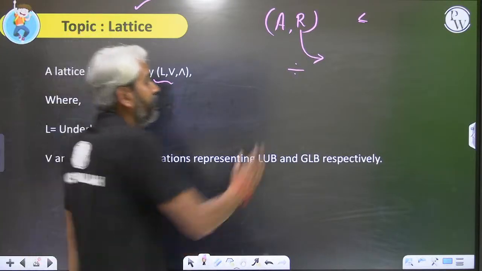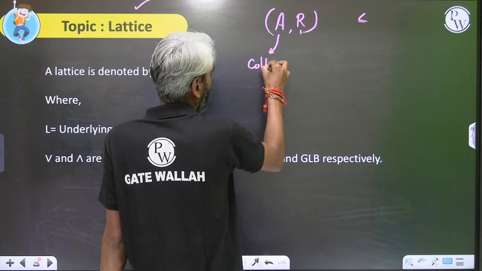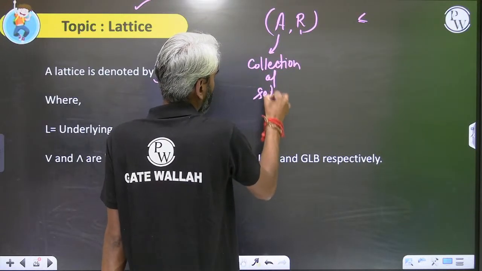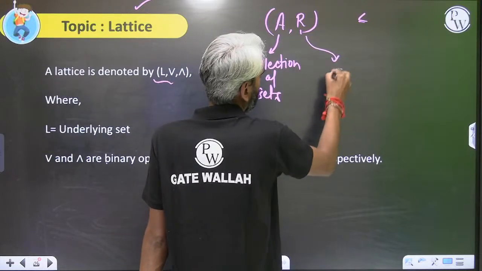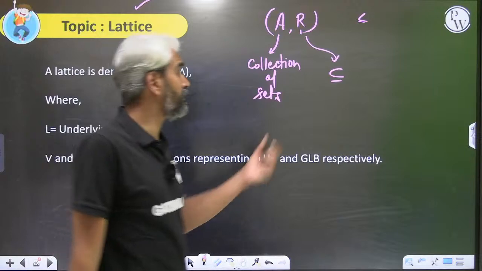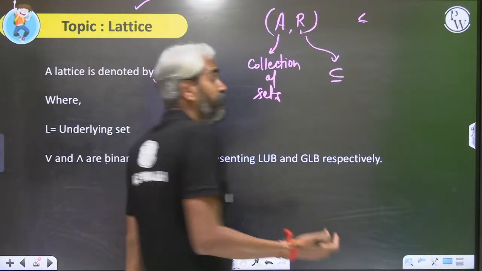Okay, sir, if I take A as a collection of sets, and let's assume that the relation is subset or equal. So what will be the least upper bound with respect to subset or equal to? It will be union, right?